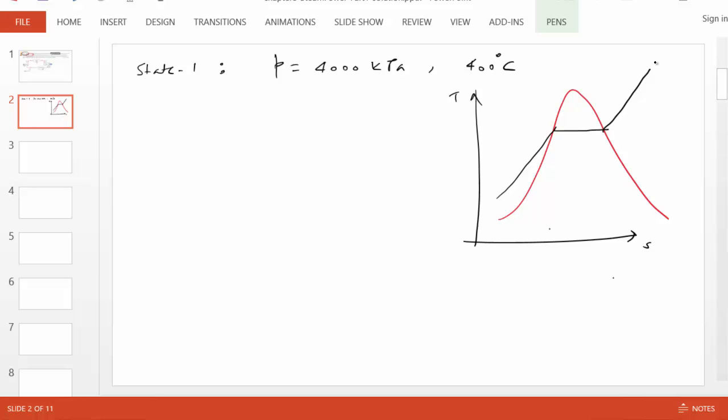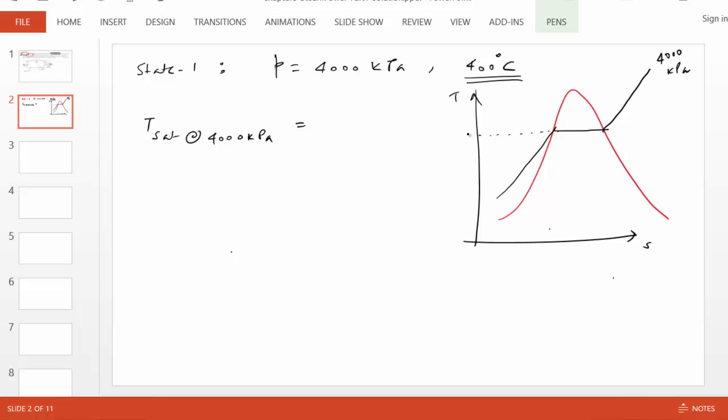We know this is the 4000 kPa line, so the state must be somewhere on this black line, wherever the temperature is 400 degrees Celsius. To figure out the state, you find the saturation temperature, T sat, at 4000 kPa, and that's this temperature.